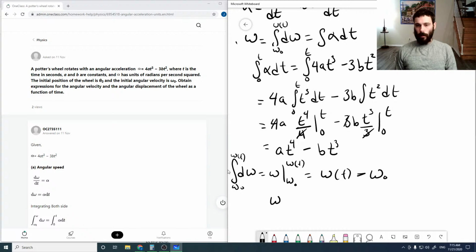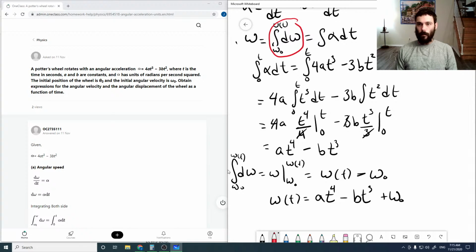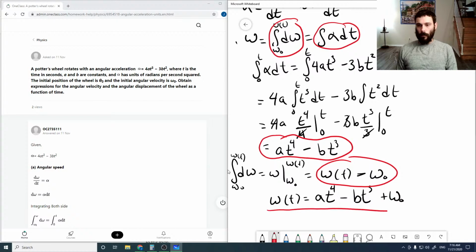And that means that our omega of t is a t to the fourth minus b t cubed plus omega naught, by bringing together our two pieces here. So this integral and this integral, where that's the solution to the alpha integral, and I've just rearranged this solution from the omega integral. Okay, so there's our omega expression.